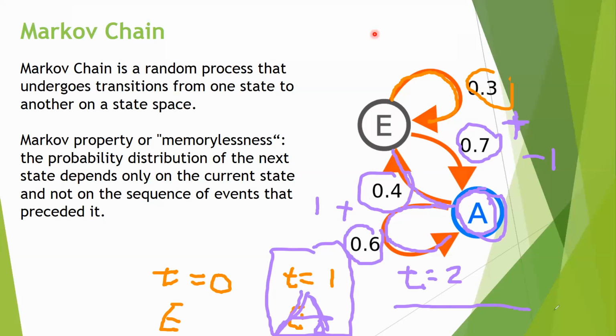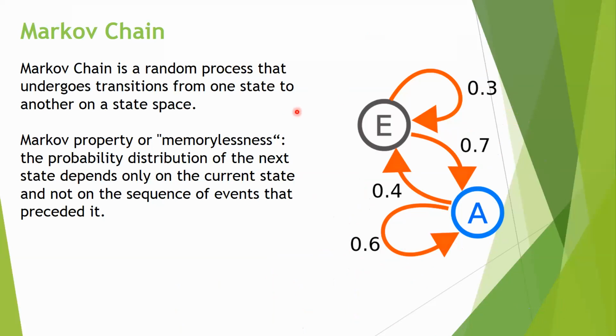So this is how the chain goes. As you can see, for a specific time point, the state only depends on the state in the previous step, the previous time point. That's a very important property of a Markov chain: it is memoryless.